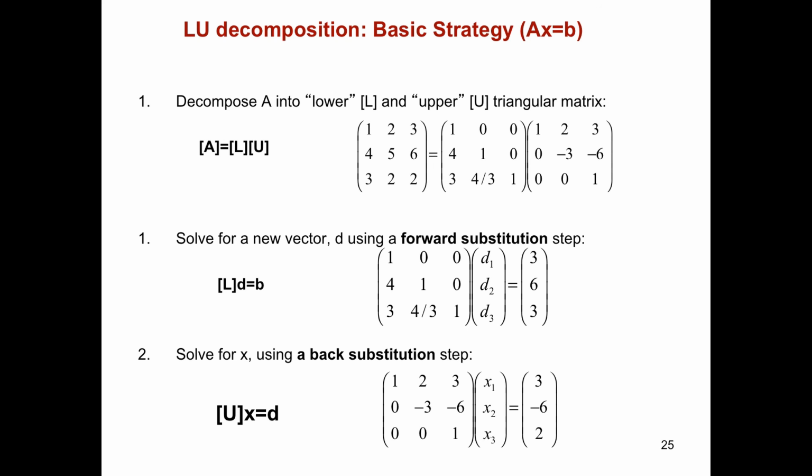And then one more step is solving Ux is equal to D. Since U is upper triangular, this is backward substitution. It's as simple to solve as this previous one. So these two steps get you to the actual answer you're looking for. And you repeat it as many times as you have right hand sides. Okay? All right.